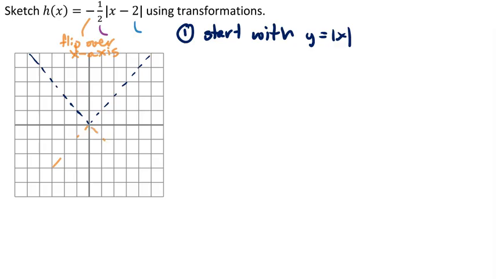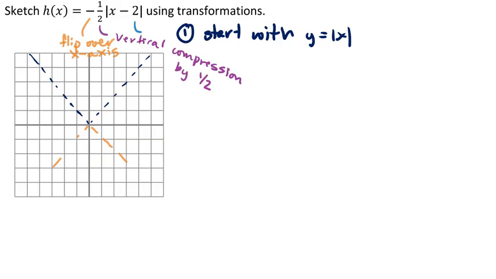So I'm imagining this as my next shape. The 1/2 is also outside of the absolute value bracket, so that is also affecting y's. If you multiply y's by 1/2, that's going to be a vertical compression. So the graph will get shorter by 1/2.